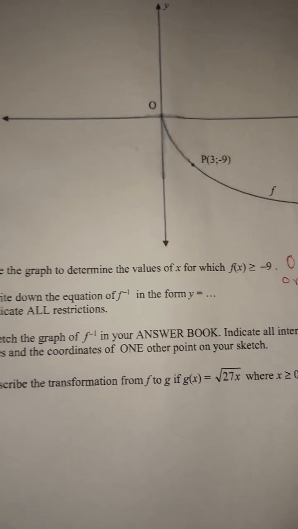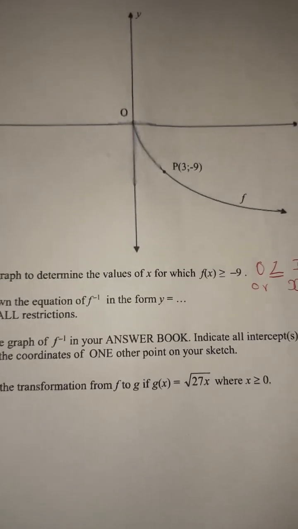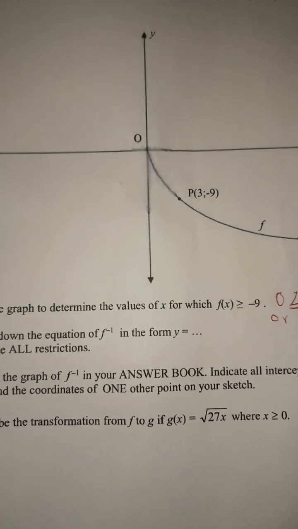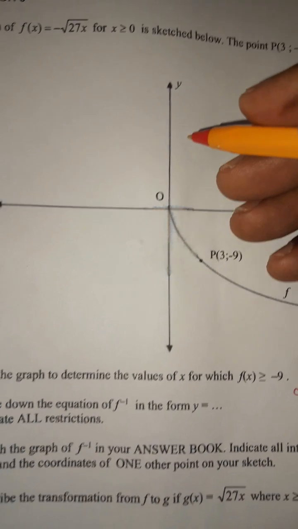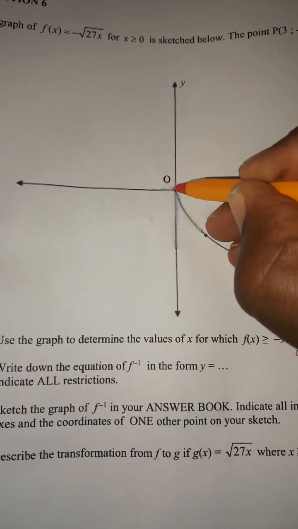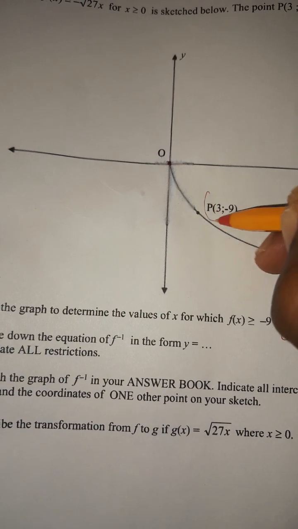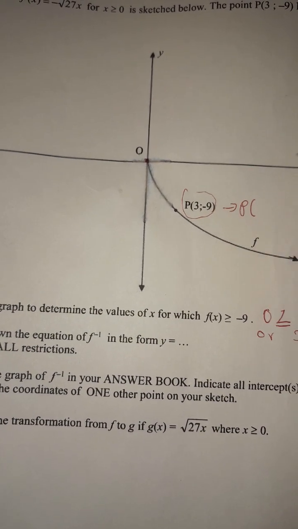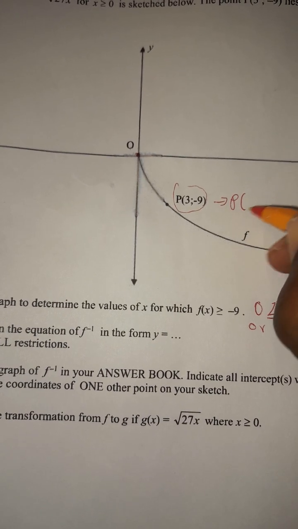So let's go to 6.3. Sketch the graph of the inverse in your answer book. Indicate all the intercepts with the axes and the coordinates of one other point on your sketch. First, the point (0; 0) will remain the same. The point that will change is this one. To find the inverse, we just swap the coordinates.